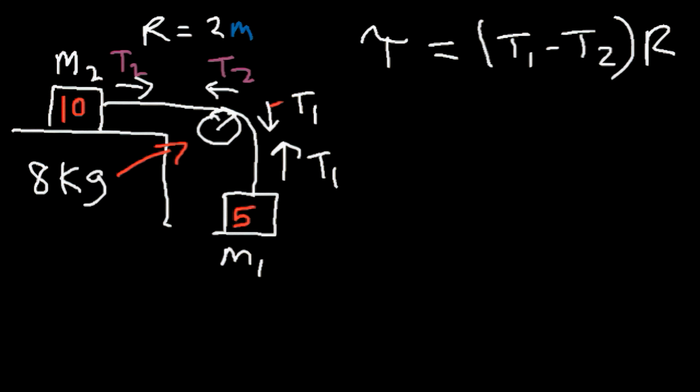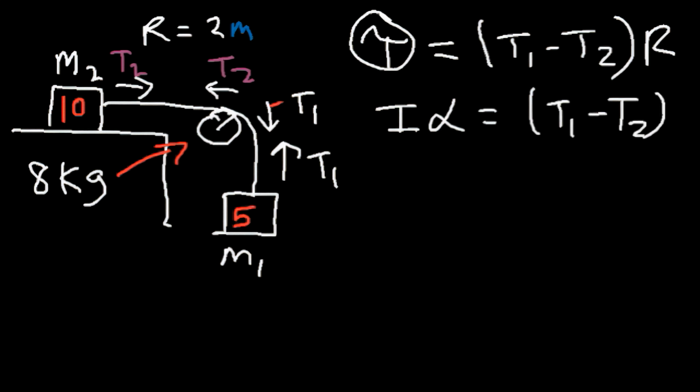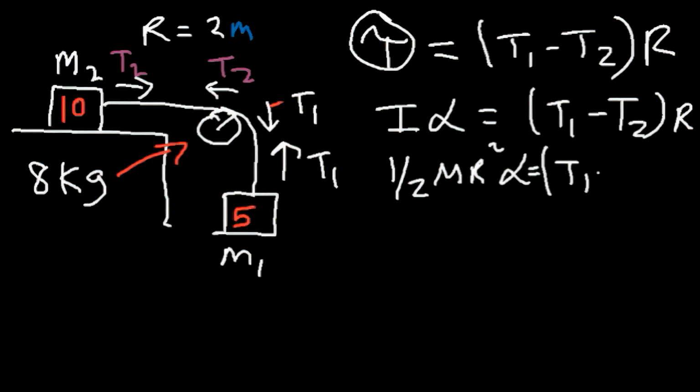So now let's go back to this equation. The torque is equal to the inertia of the disc times the angular acceleration. So that's equal to T1 minus T2 times R. Inertia is 1/2 mr squared times alpha. So if we divide both sides by r, we could cancel one of the r's on the left side.